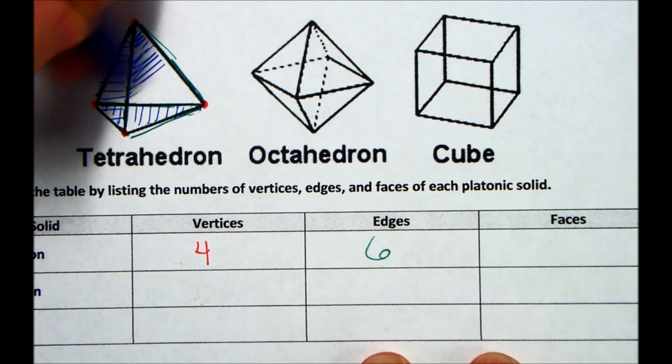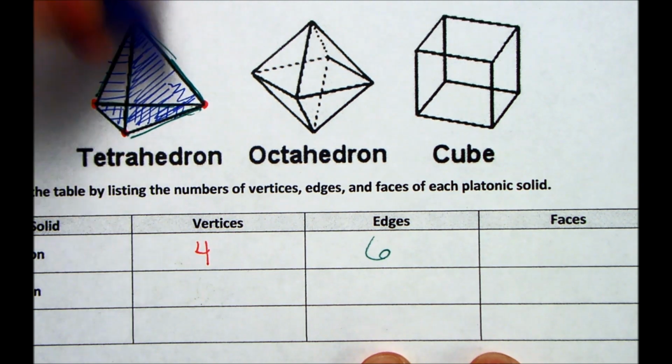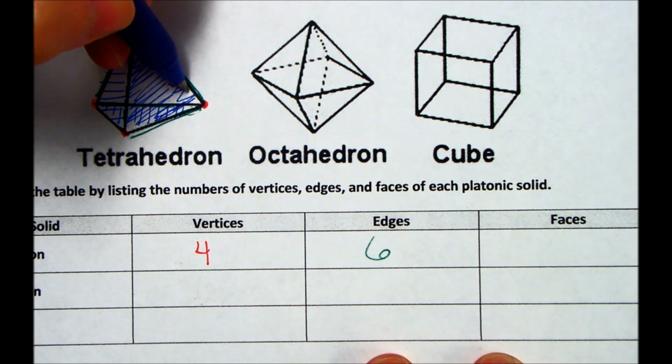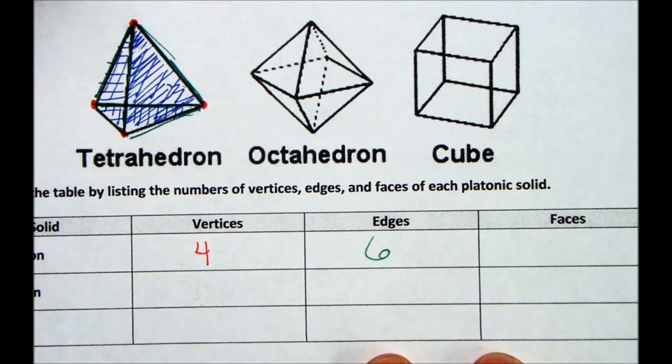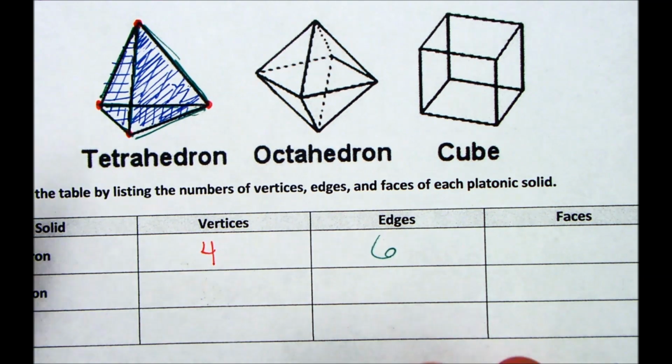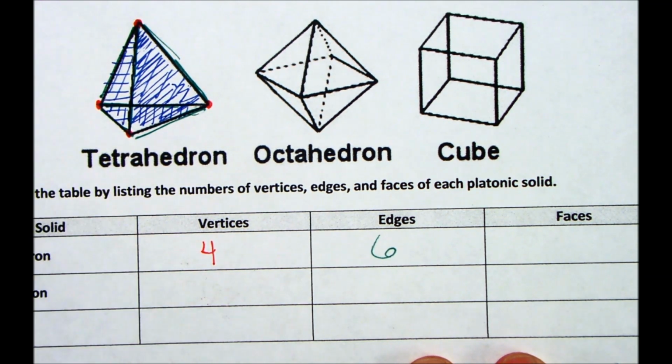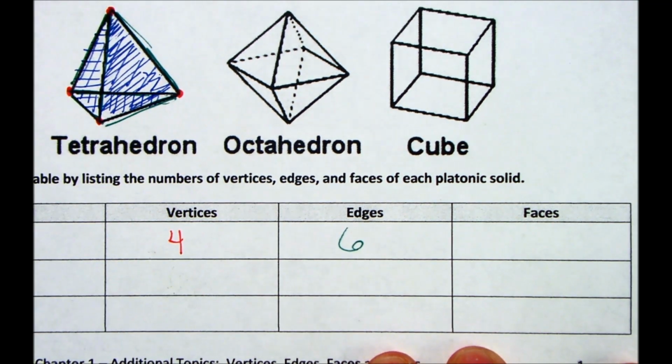This one here, that's kind of in the front right. And then you've also got the one in the back. It's kind of hard to see all 4, but there's the bottom, and then there's 3 around, so it's actually going to be 4 faces.